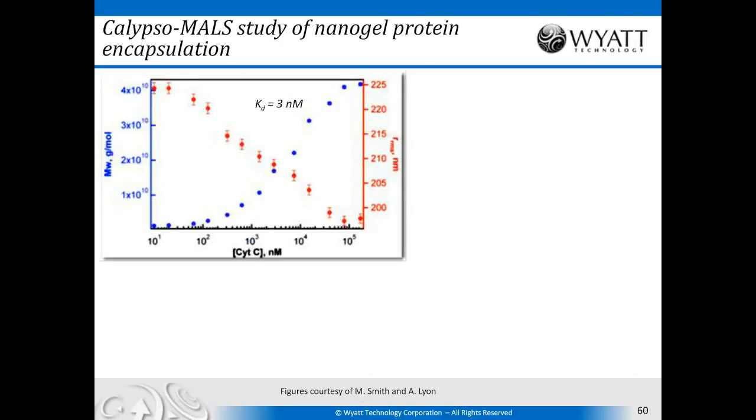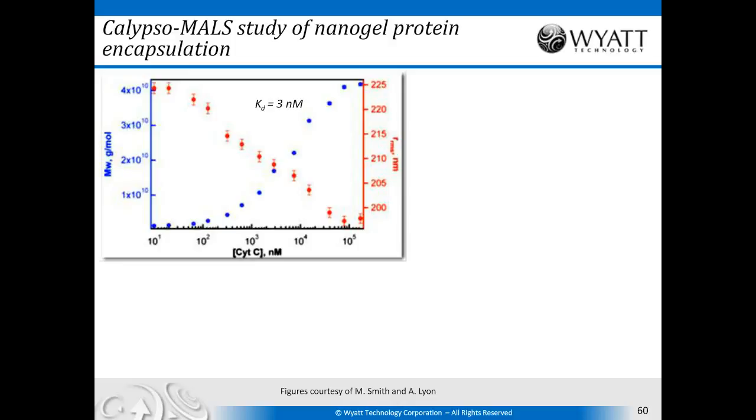Multi-angle light scatter is also used to measure the uptake of a protein into a nanogel. And so here the nanogel was exposed to different concentrations of cytochrome C, which was the model protein, ranging from 10 nanomolars here up to about 100,000 nanomolars here.